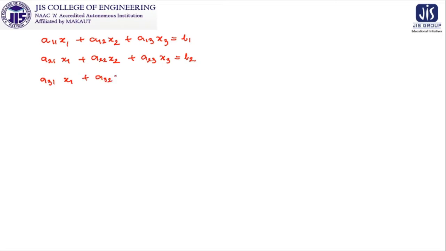If I restrict myself to a 3 cross 3 system, it will be a11x1 plus a12x2 plus a13x3 is equal to b1, a21x1 plus a22x2 plus a23x3 is equal to b2, a31x1 plus a32x2 plus a33x3 is equal to b3.